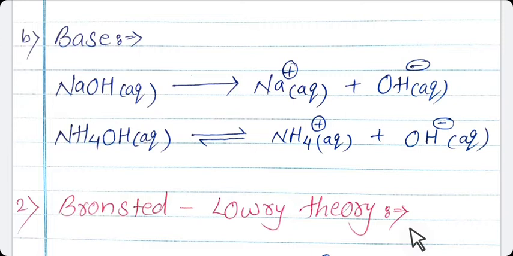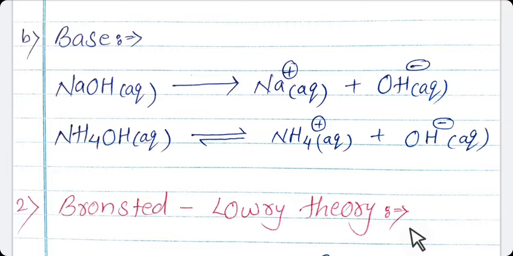NH3, ammonia, and Na2CO3, sodium carbonate, do not contain hydroxide ion, but both are basic in nature. So Arrhenius theory does not explain anything about the basicity of ammonia and sodium carbonate.